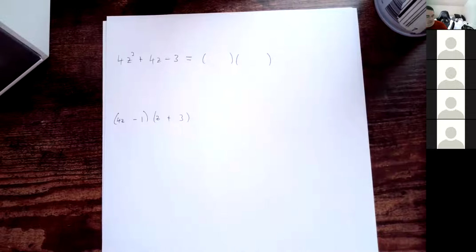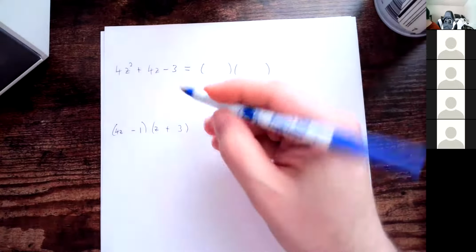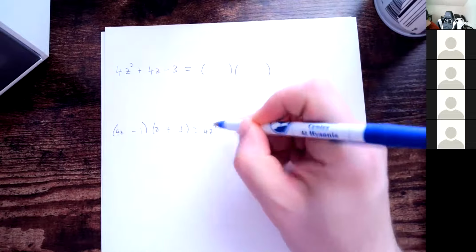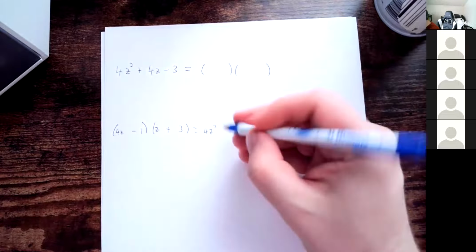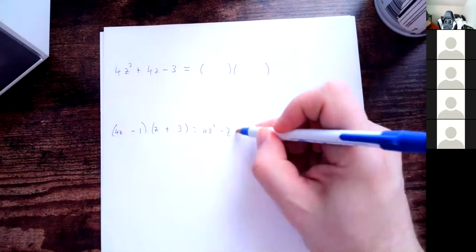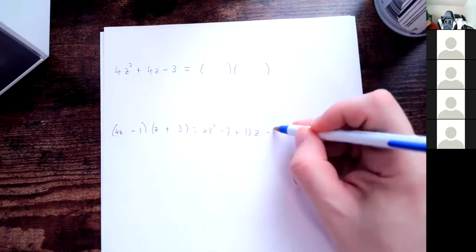So after letting you work for a minute, first let's just check out the first thing I wrote down. Is this an answer to the problem or not? So you multiply this out and you say this is 4z squared from these two terms, minus z plus 3 times 4z, and then minus 3.